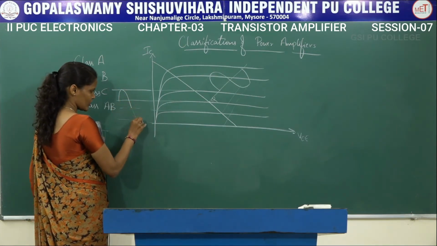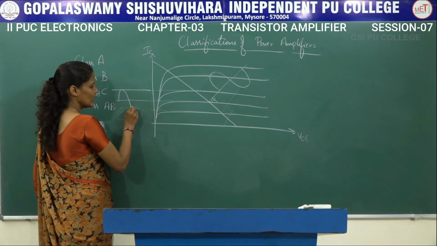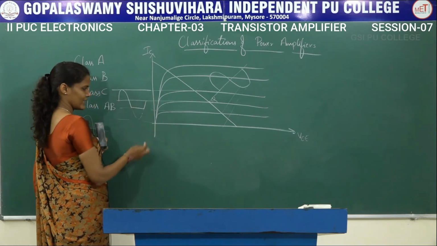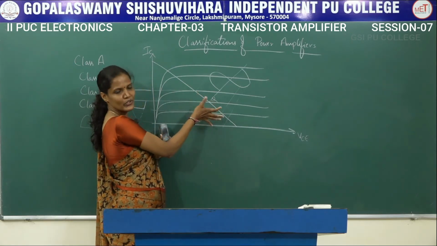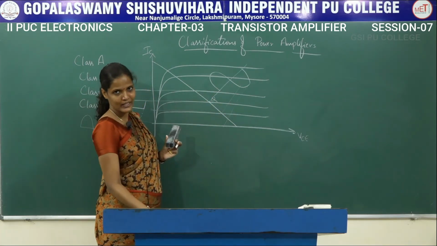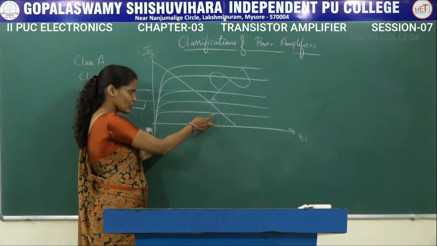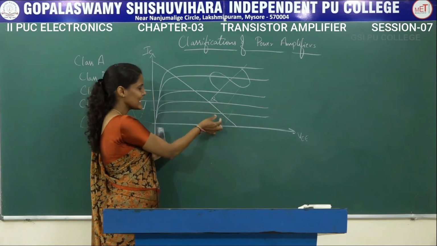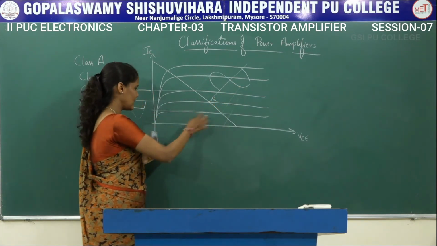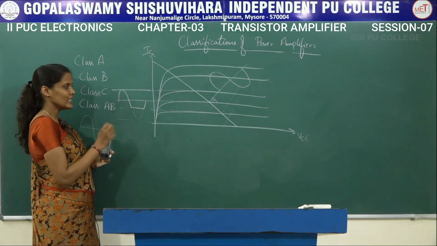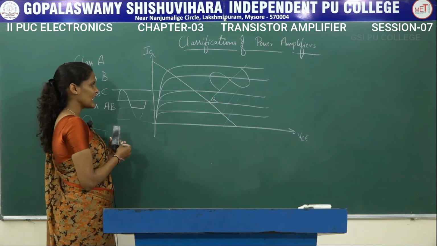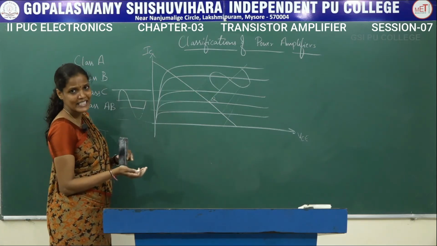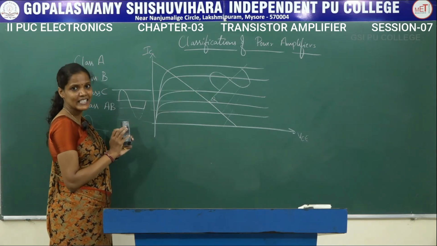A small portion of the output signal will be distorted. That is, until the cutoff region is reached, the input cycle appears at the output. But as soon as the cutoff region is reached, that portion of the input cycle will be completely eliminated. For the class AB type of amplifier, the conduction angle is more than 180 degree but less than 360 degree.